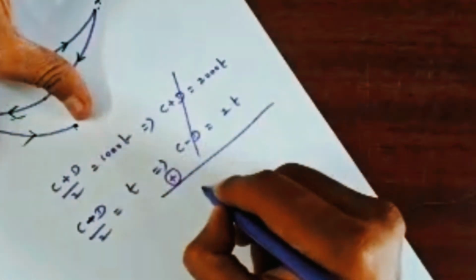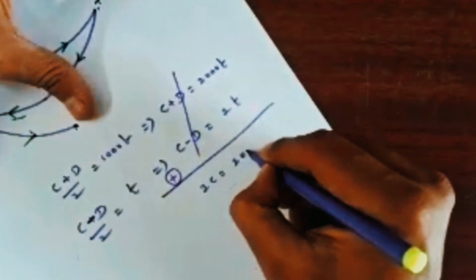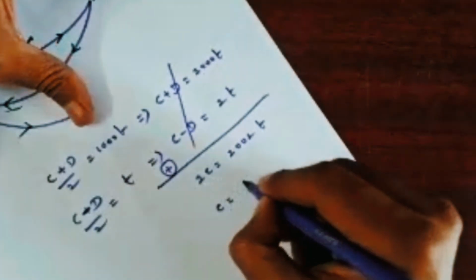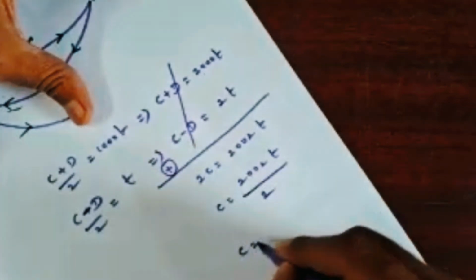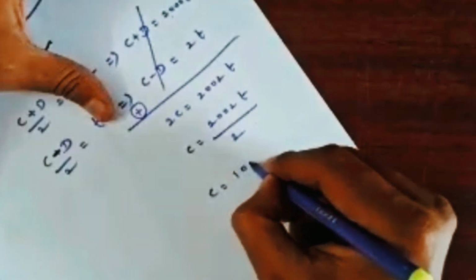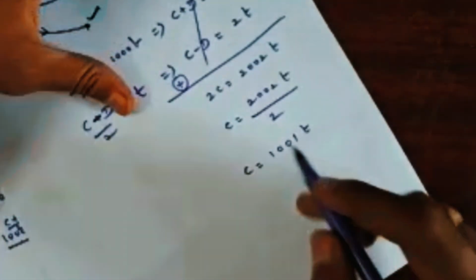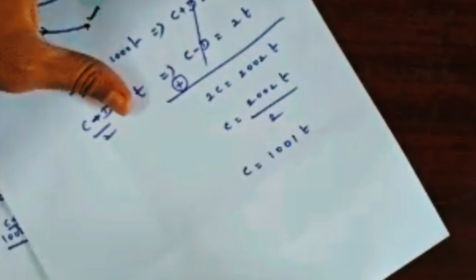So now c plus c is 2c, and 2000t plus 2t gives 2002t. Now c is equal to 2002t by 2. Concentrate properly. C is equal to 1001 t.